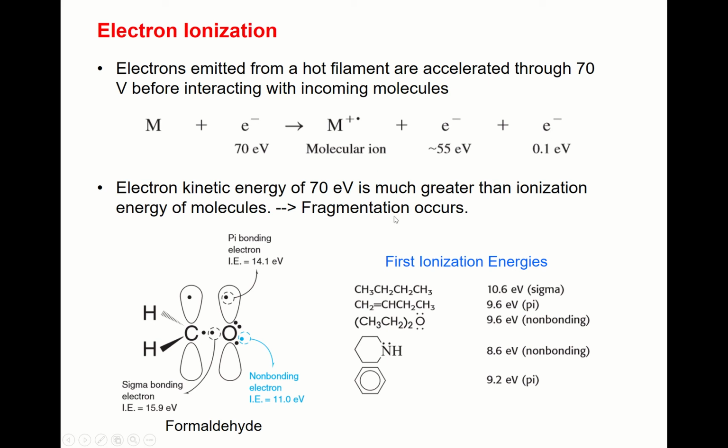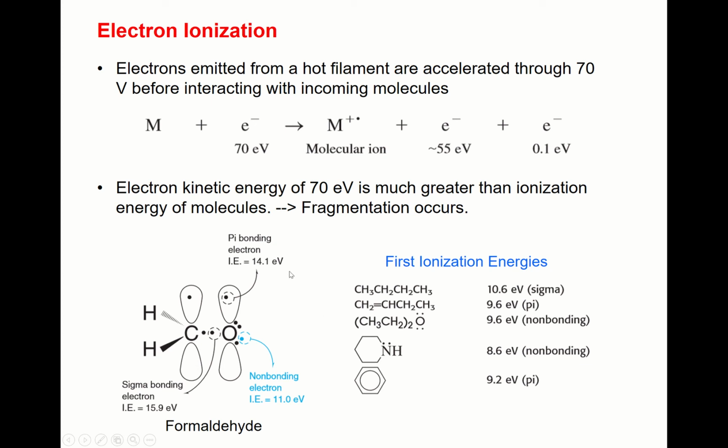But usually fragmentation occurs. Let's consider formaldehyde. Ionization energy of the sigma bond electron is only 15.9 electron volts, and for the pi bonding electron the ionization energy is only 14.1 electron volts, and formaldehyde has a non-bonding electron, whose ionization energy is 11.0 electron volts.